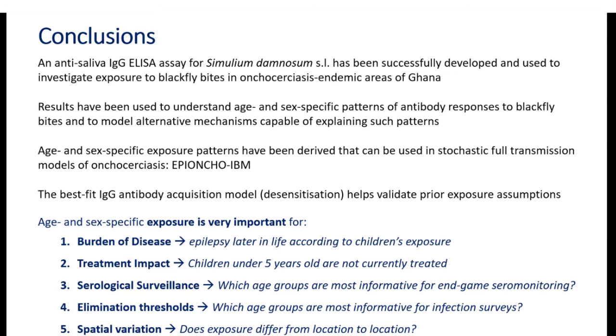The data that we obtained from Ghana matched our assumptions for Cameroon, but can we look at spatial variation in exposure? How does this change from location to location? And would that then help us to better tailor transmission models to particular locations?